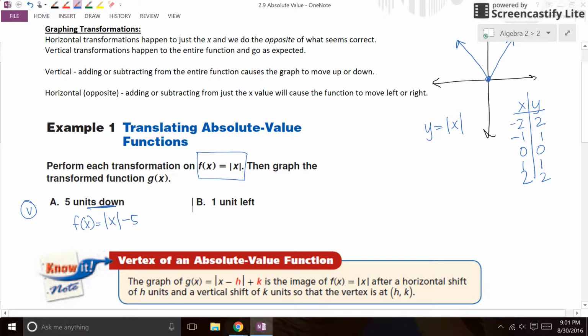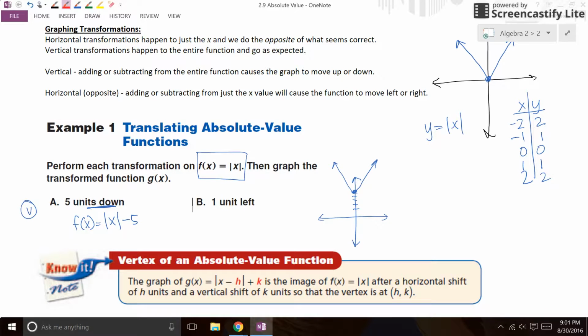So if you're going to move up or down, you just add or subtract whatever number it is, and that will move your graph up or down. That's it. Finished, right? So for those of you wondering what the graph would look like, now it's going to go down 5, 1, 2, 3, 4, 5, and I make a V shape. And there you have it.